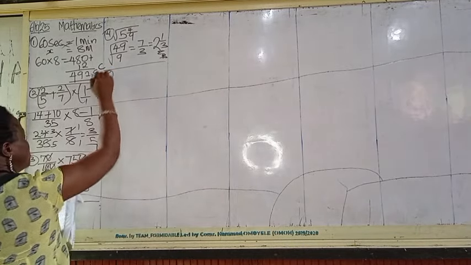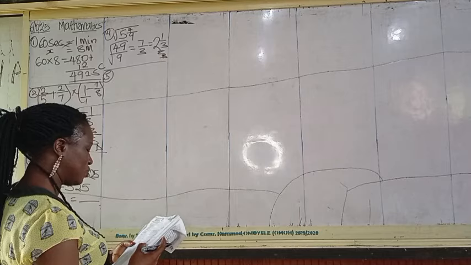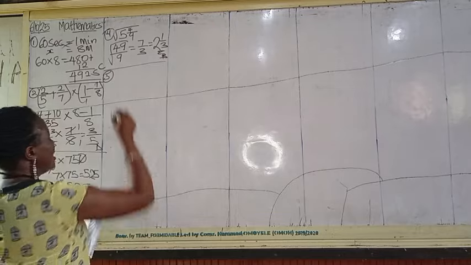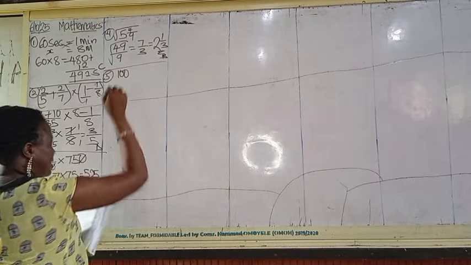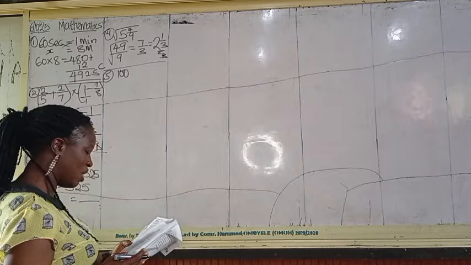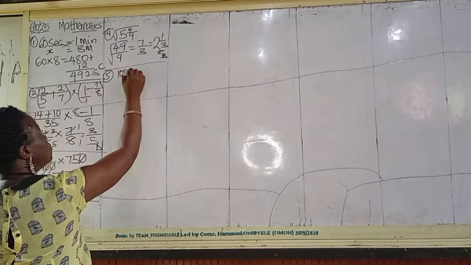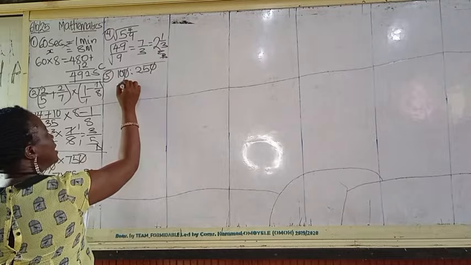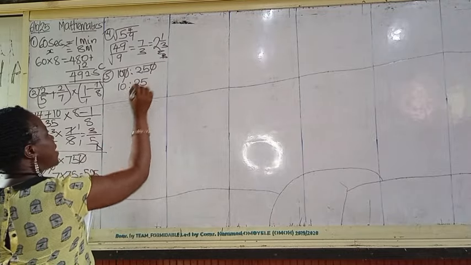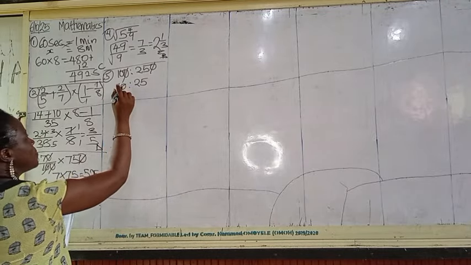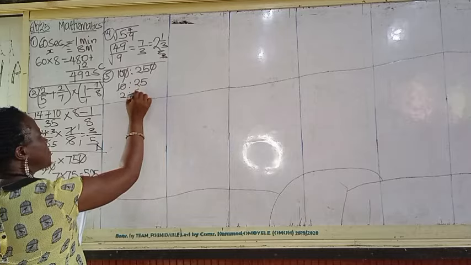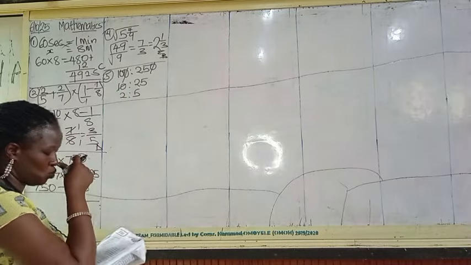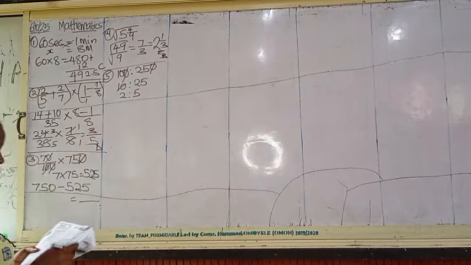Number 5. So we have 100, and in 2004, 250. So we take this away, we have 10, ratio 25. 5 can go in, 5 here 2, 5 here 5. So the ratio there is 2 to 5, which is option B.